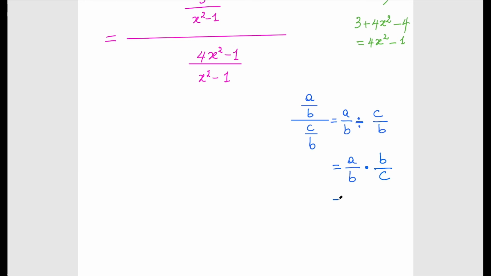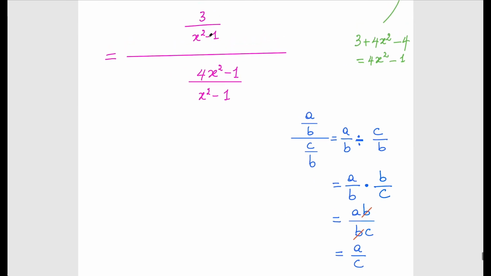Okay? And what is this? This is AB over BC, right? Which means that you can simplify by B and get A over C. Correct? So the structure that I have here is the same as this structure.